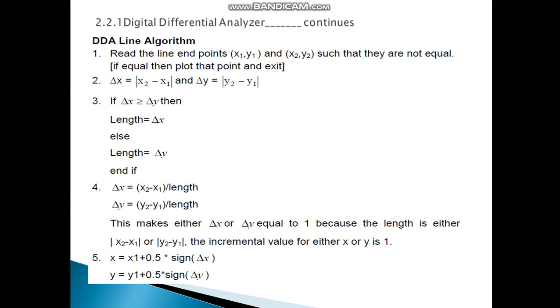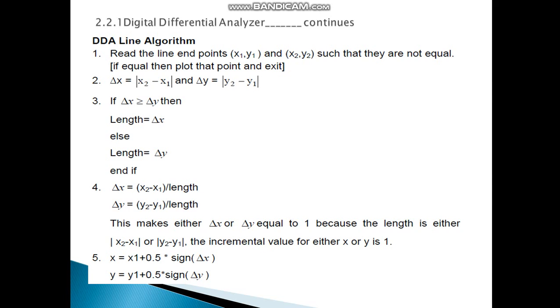If these endpoints are not equal, then go to step 2, that is to find out delta x and delta y. Delta x is nothing but the difference between x coordinates and delta y is nothing but the difference between y coordinates. Then go to step 3.